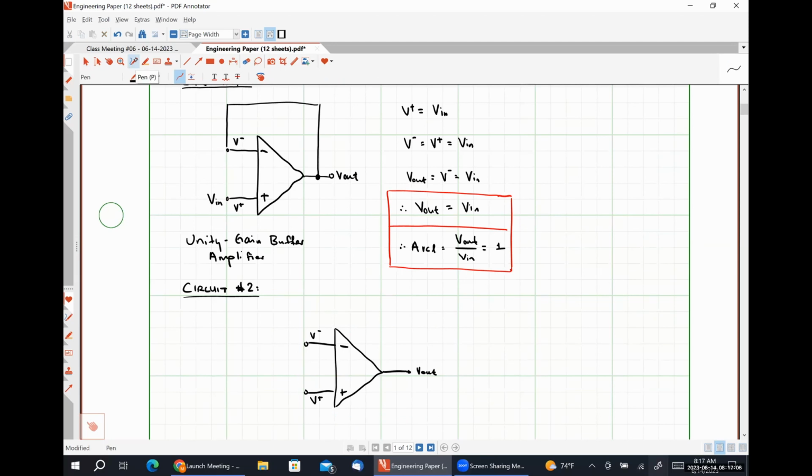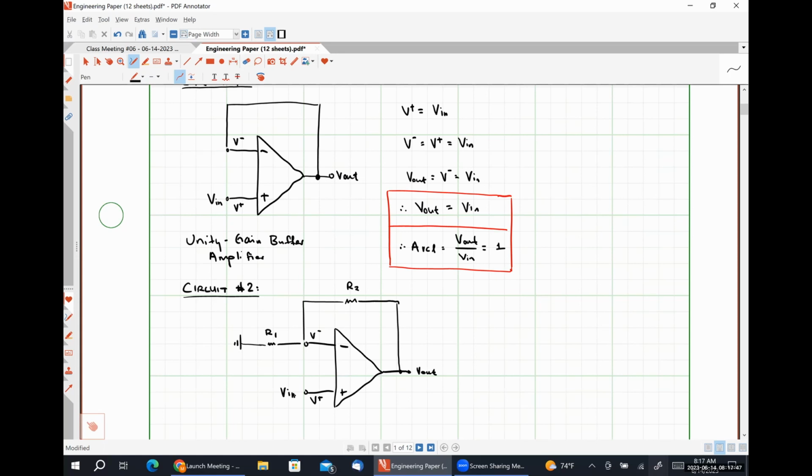We're going to have our feedback resistor, which let's just call it R2. We're also going to have an additional resistor. This is going to be R1, placed between the inverting input terminal and the ground. And we are going to apply our input signal to that non-inverting input pin.